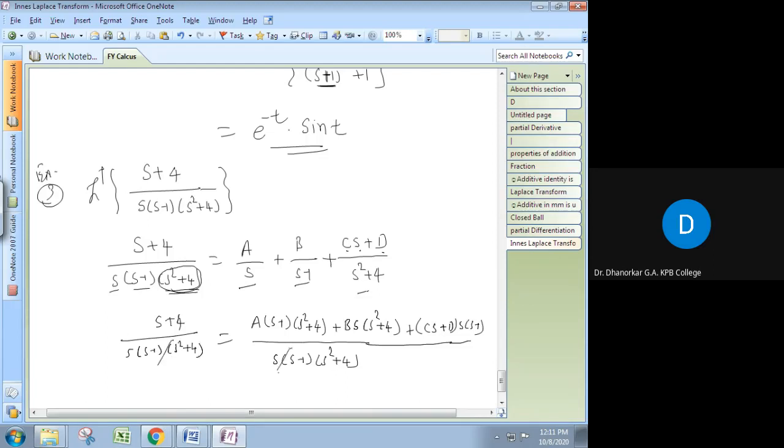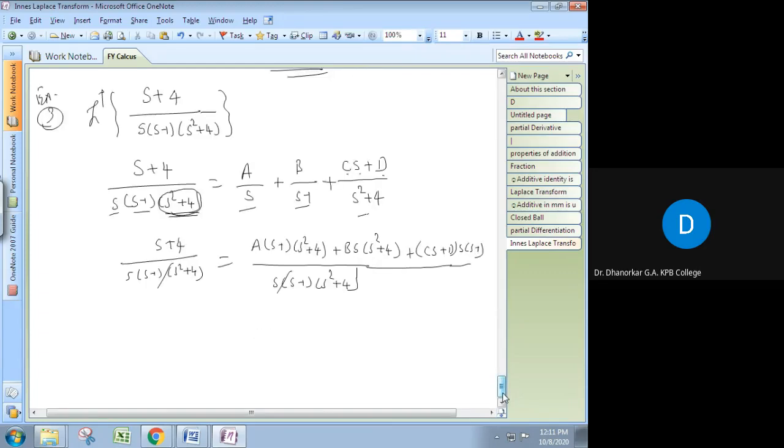The denominator gets cancelled and we compare only the numerator. Therefore s plus 4 is equal to a into s minus 1 into s square plus 4, plus bs into s square plus 4, plus cs plus d into s minus 1.